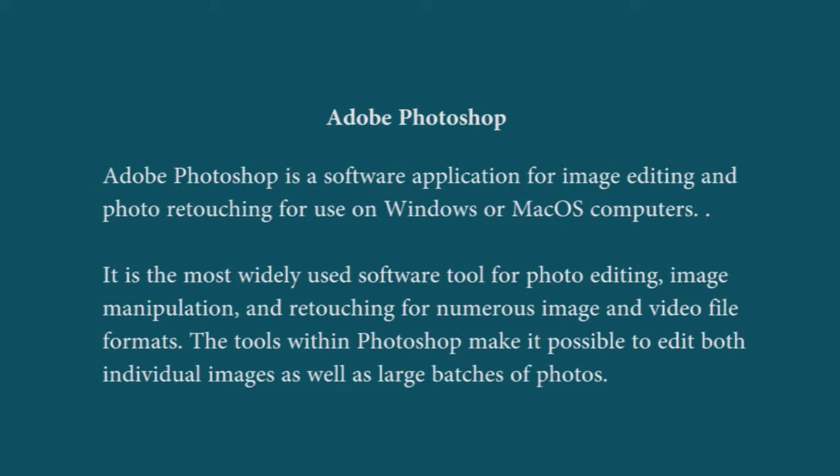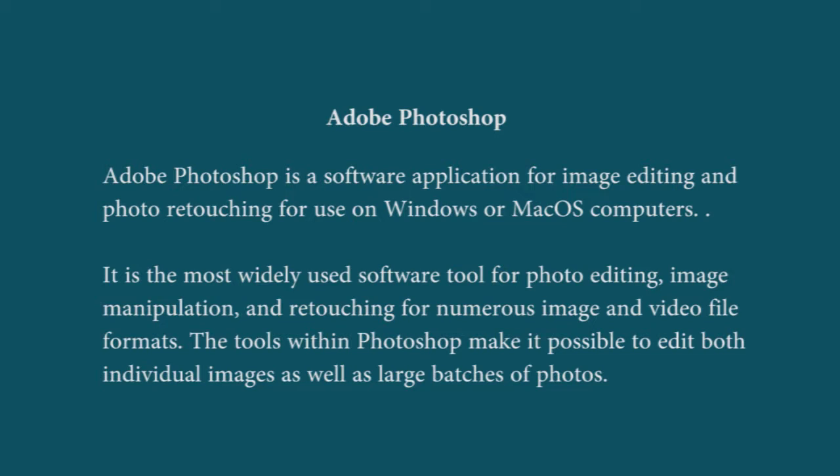Now you can take one photograph and edit it in Photoshop, or else you have taken a series of photographs, say around 100 photographs of a function or program, and you want to do some color correction, or change the size of all these photographs, or change some color scheme.